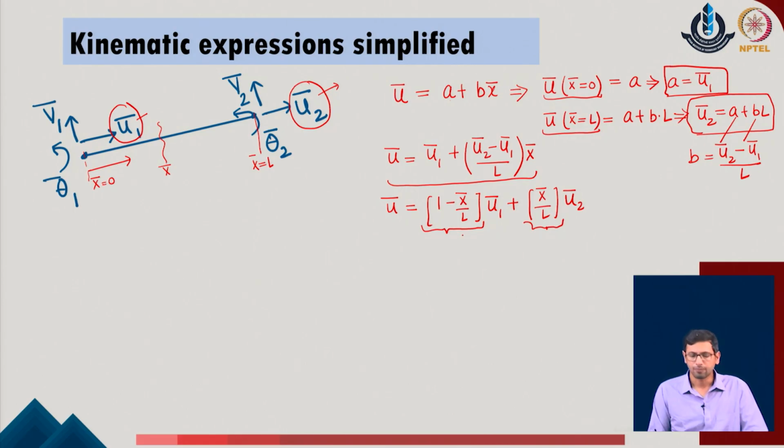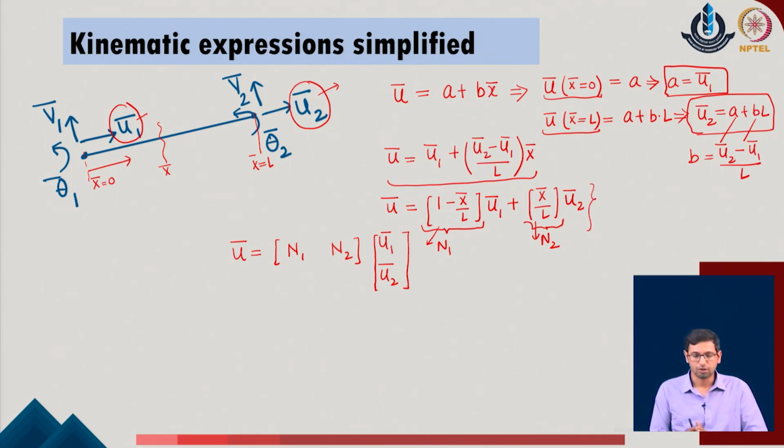The moment I do it, I can write this expression in a very generalized form in which u bar has been expressed as dependent upon N1 and N2. Let me call N1 this function and N2 this function of the given system, multiplied by u1 bar and u2 bar. If I just multiply this vector with the second vector of u1 bar and u2 bar, I will end up with the same expression which I have just generalized.